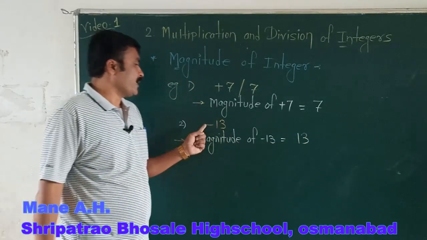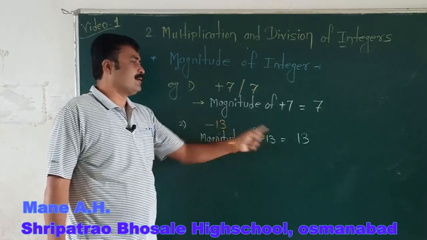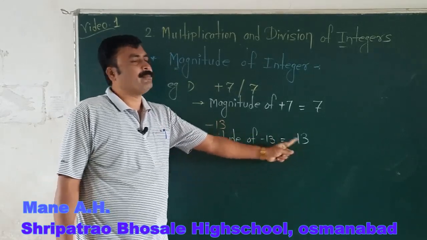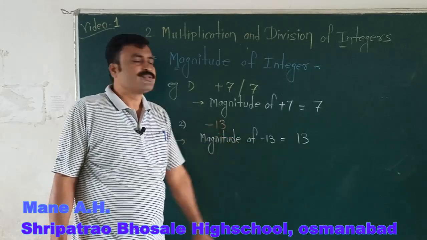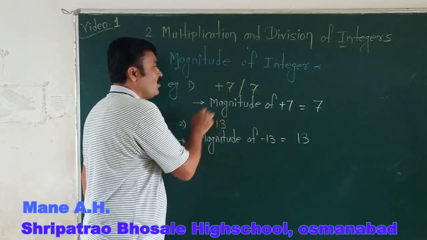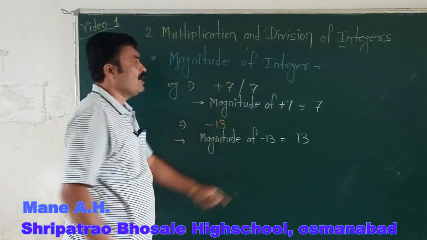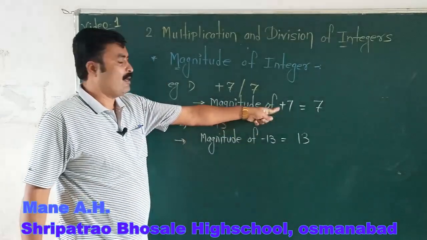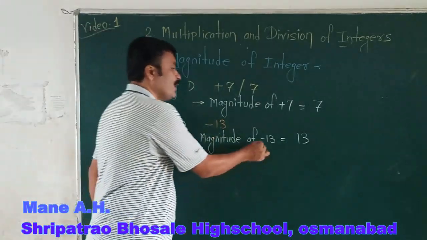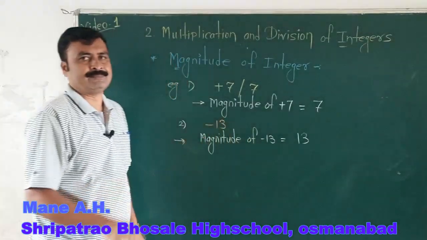So while writing the magnitude of -13, we remove the minus sign and we write the number as 13 only. So we say that while writing the magnitude of a positive integer, we remove the plus sign. While writing the magnitude of a negative integer, we remove the minus sign.